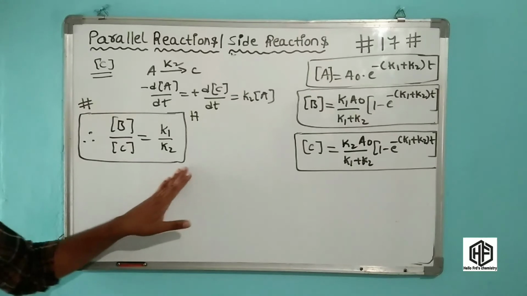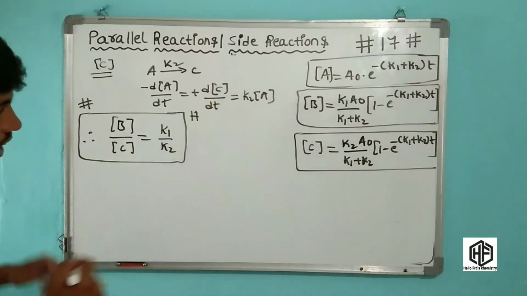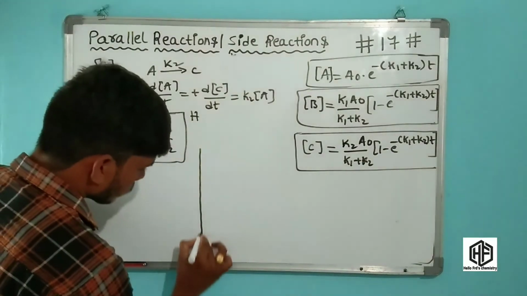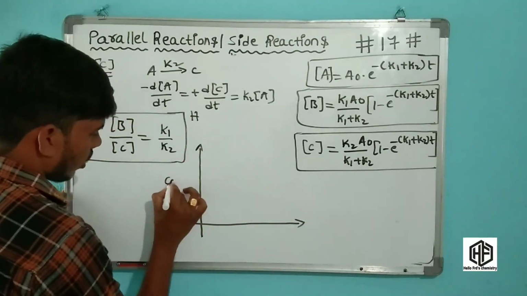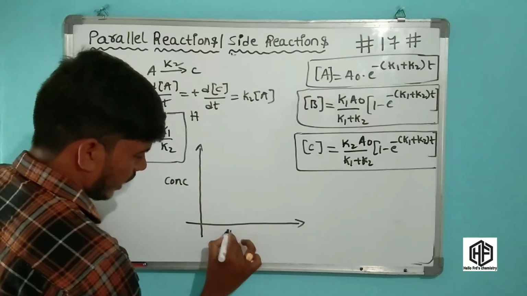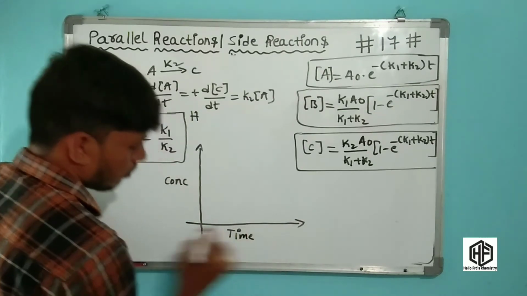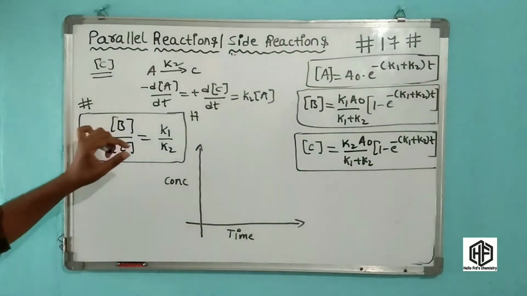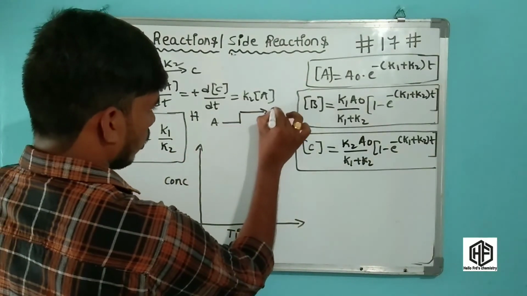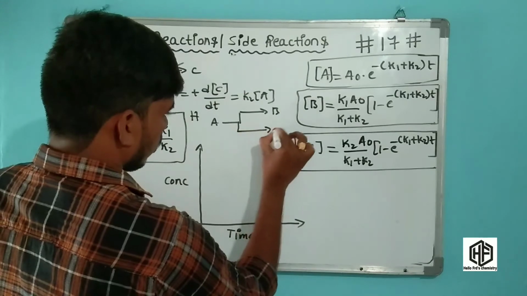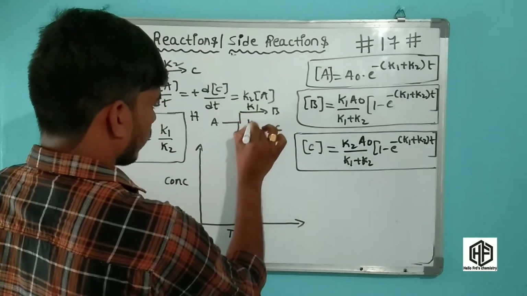Now the graph representation of the parallel reaction is like this. This is the concentration and this is the time. Concentration versus time in a parallel reaction: first of all, this is A, this is B, this is C, with K1 and K2.